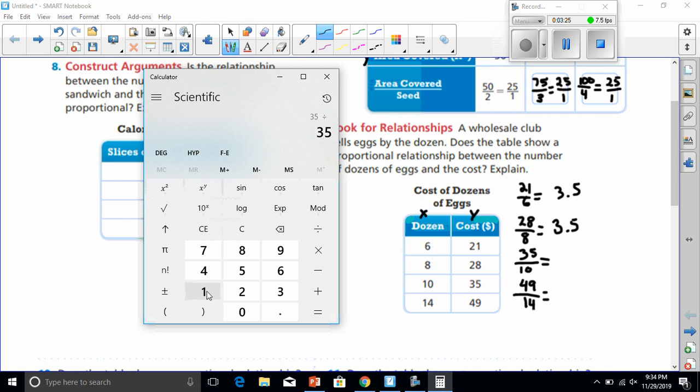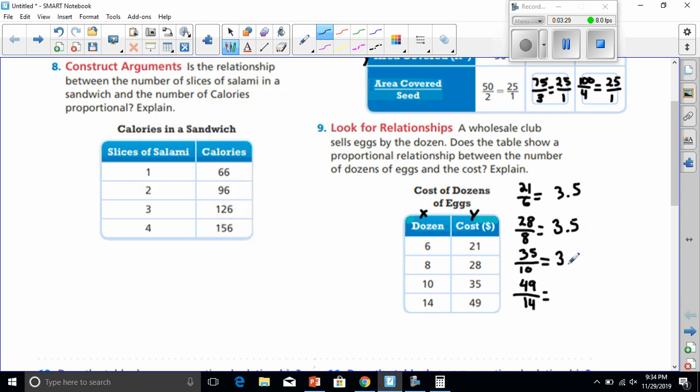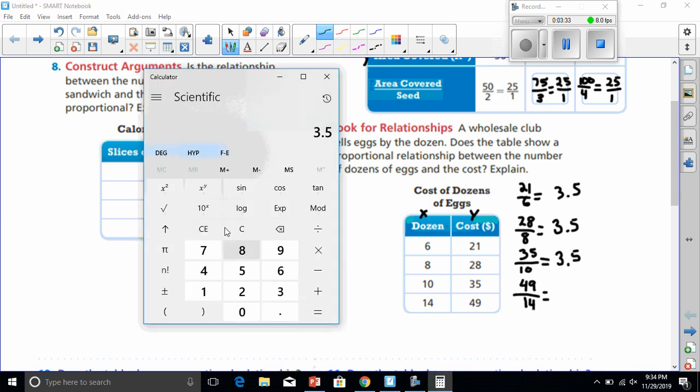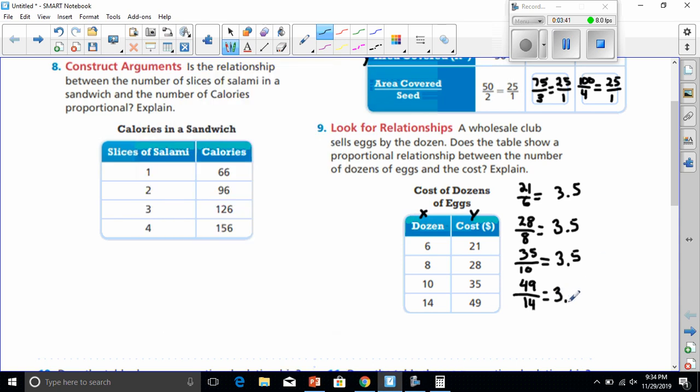35 divided by 10, 3.5. And the last one is 49 over 14. So that would be 49 divided by 14, which also equals 3.5. Now that I know every single one of these ratios is the same, I can say that it is proportional. So does the table show a proportional relationship?